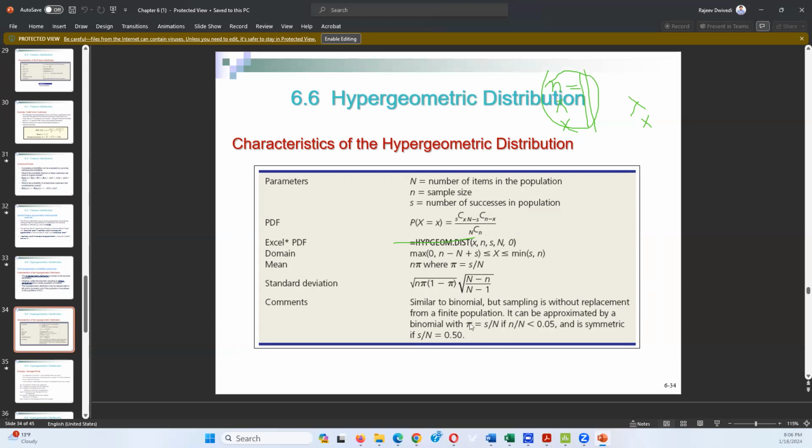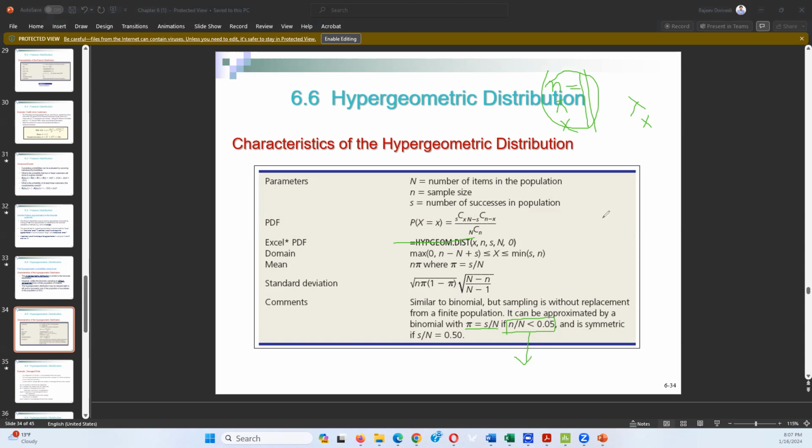It can also be approximated by binomial when pi equals S upon N, and small n upon capital N is less than 5%. So please, this is a very important case. First, you need to check this.